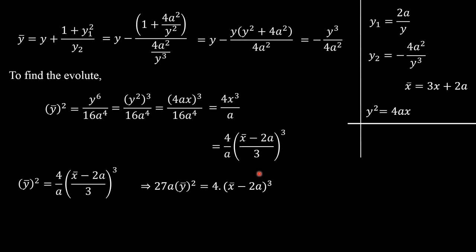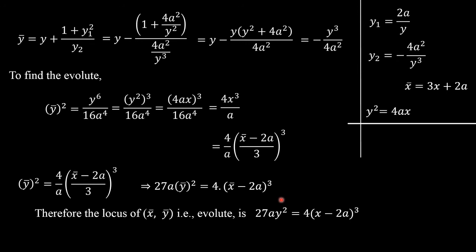By simplifying, you are going to get the curve to be 27a y bar square is equal to 4 into x bar minus 2a whole cube. Let me replace x bar and y bar, which are just variables, by the variables x and y.